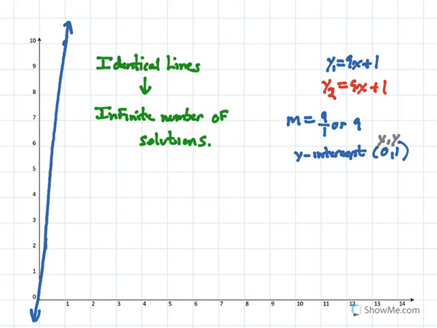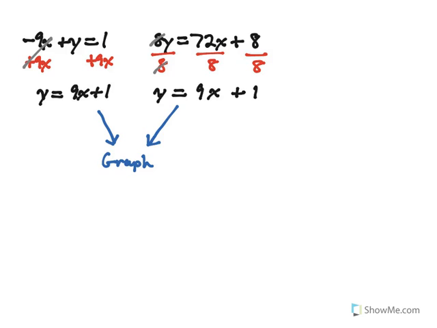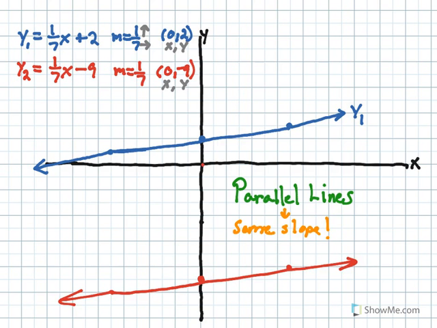Okay? And if we go back to the previous slide, actually 2 slides, remember the very first example we did? We said the lines are parallel. When you see this situation, then parallel lines will always have no solution. Okay?